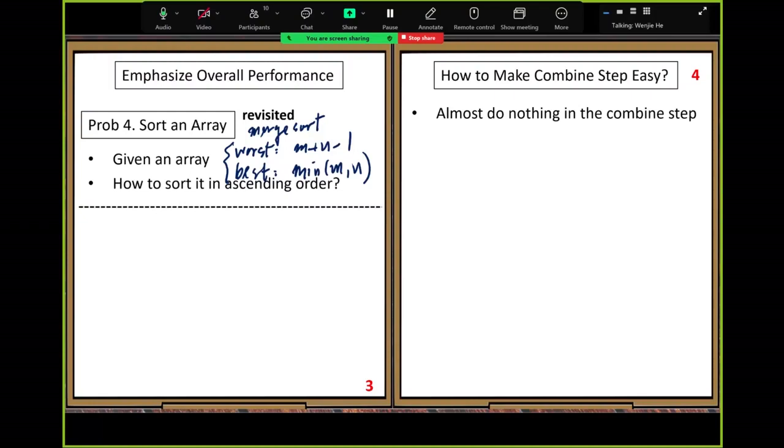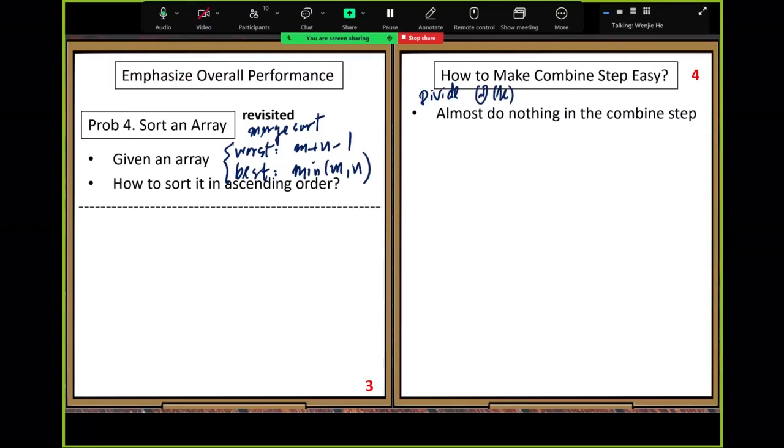Combine is step number 3. In the divide step, you need to do a lot of work.